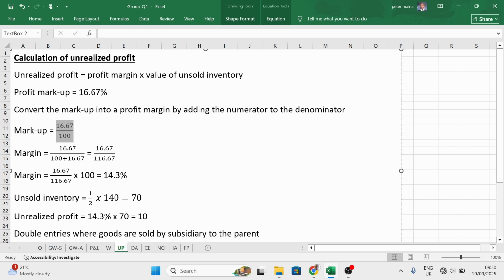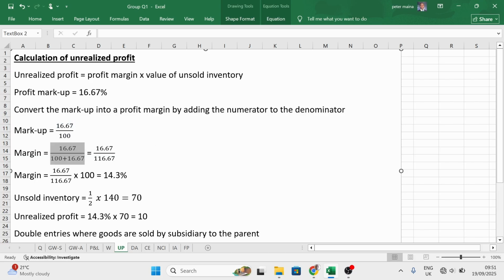To convert markup to margin, we are supposed to add the numerator to the denominator. 16.67 is the numerator. 100 is the denominator. So 16.67 is going to be added to 100.